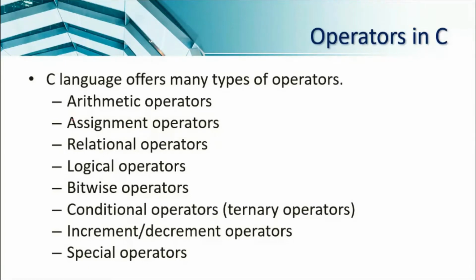They are the arithmetic operators, the assignment operators, then relational operators, logical operators, bitwise operators, and conditional operators. Conditional operators are also known as ternary operators. Actually, there is only a single conditional operator available, and that is a combination of 2 or 3 symbols. So that we will see.